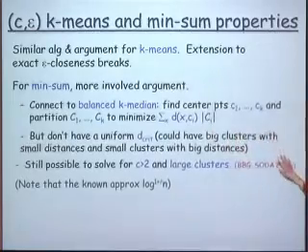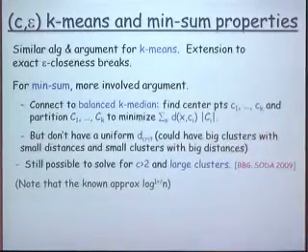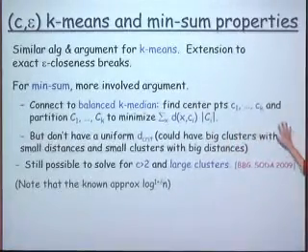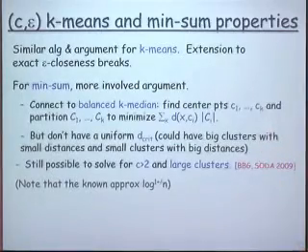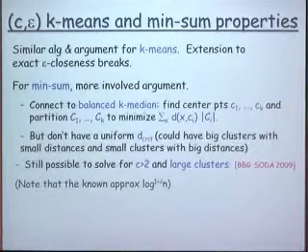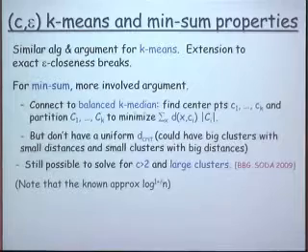Okay, and it turns out that for this balanced k-median, we can derive similar properties as for k-median. However, the main difference is that in this case, we don't really have a uniform criticality. So it turns out that here we can have large clusters with lots of points that are very concentrated with a small diameter, and we could have small clusters with very few points that have a very huge diameter.